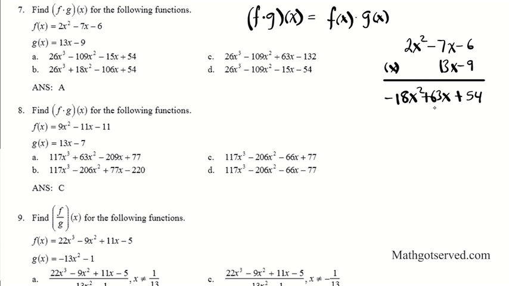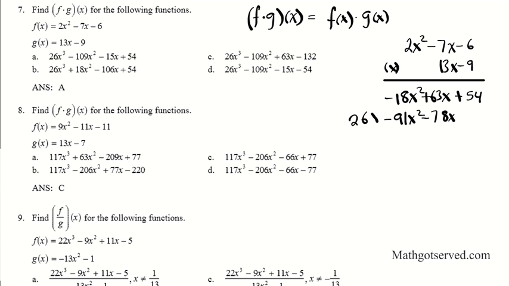Now 13 times 6 is, we have 60 plus 18, 78x, negative 78x, and then 13 times 7 is negative 91x squared, and then 13 times 2 is 26x to the third.